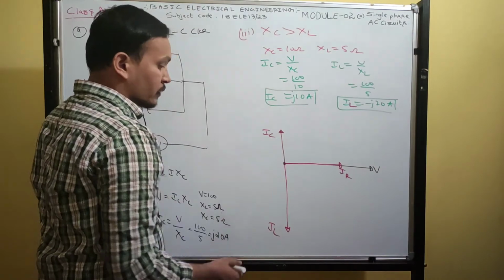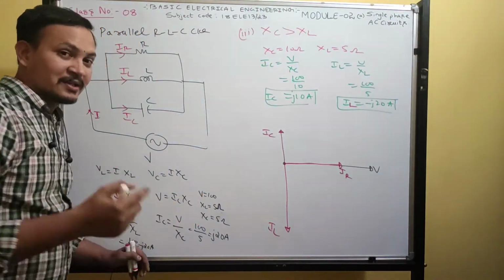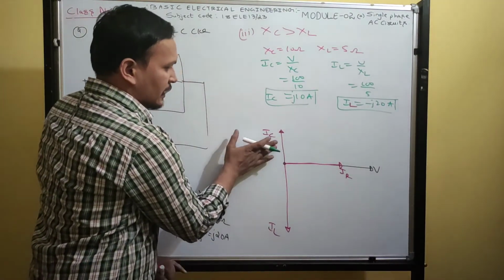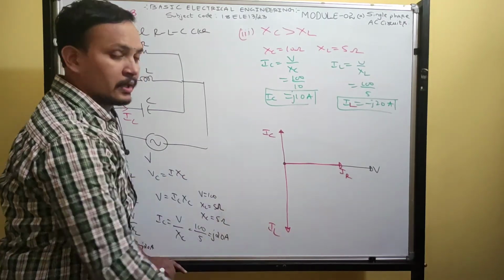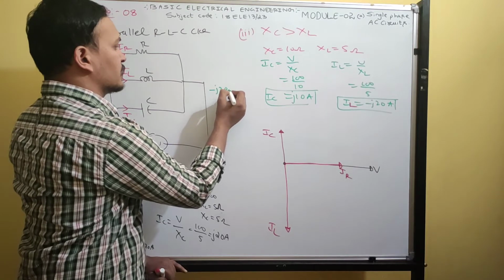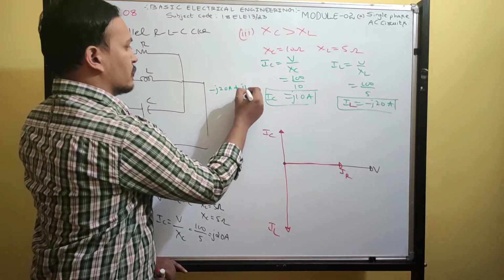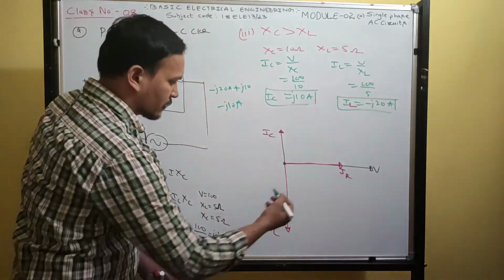So now, which one is dominating? See, XC is more than XL, but inductor is dominating. So the resultant addition of these two falls on inductor side. Okay. So simply add those minus J20 plus J10. What is the resultant? Minus J10 ampere. Okay.